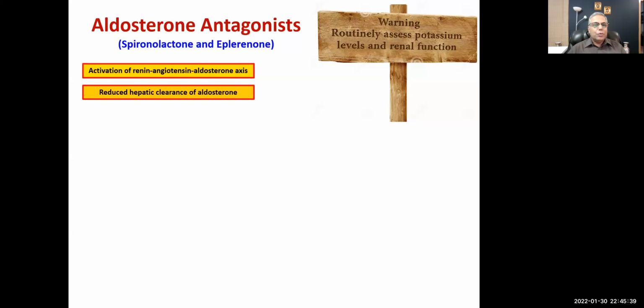And angiotensin 2 has so many effects, like vasoconstriction and sympathetic stimulation. It also causes aldosterone release, right? And aldosterone and even angiotensin 2 cause remodeling of the heart. There will be reduced hepatic clearance of aldosterone because perfusion of the liver is also low in heart failure, okay?